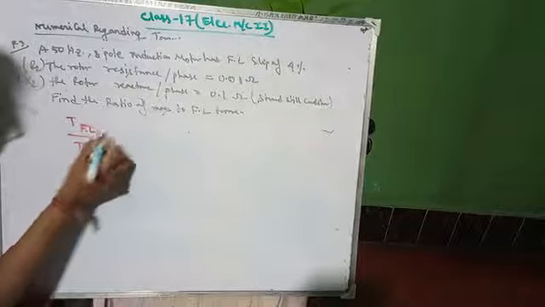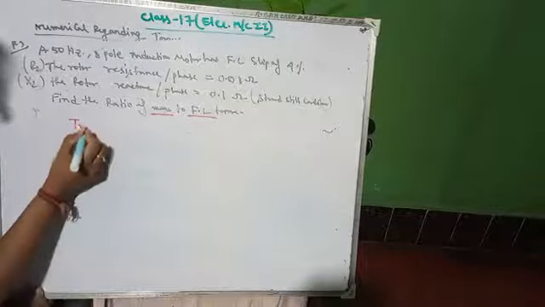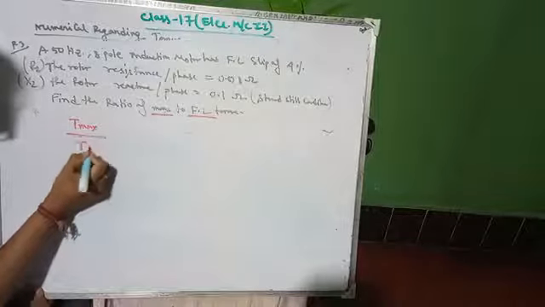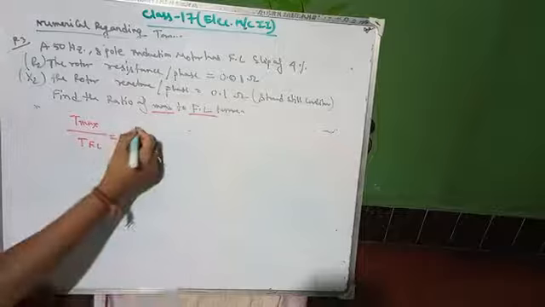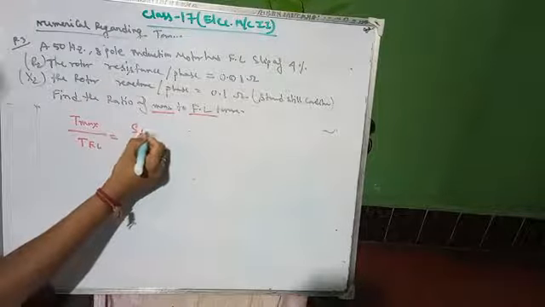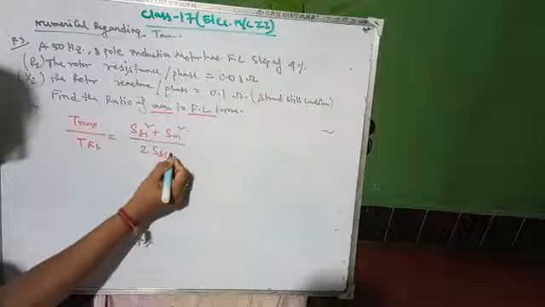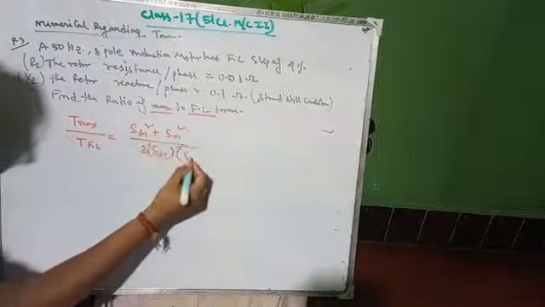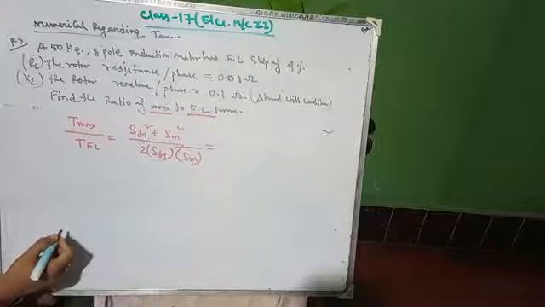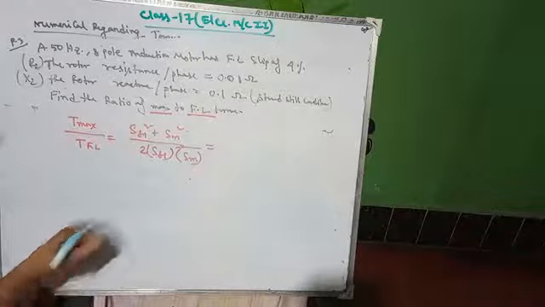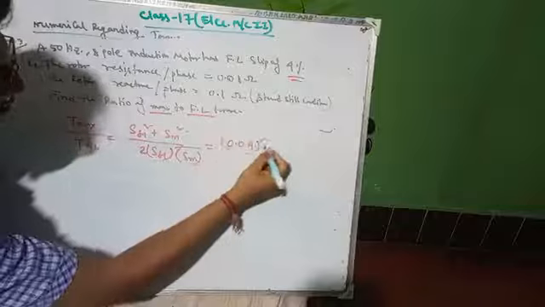But in your question it is maximum to full load, so you have to find T max by T FL. So directly I am writing (S of FL square plus S of M square) by 2 into S of FL into S of M, right? S of FL is the full load slip, which is given directly as 4%, so 0.04. I am using per unit values.